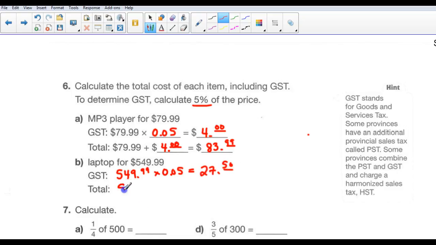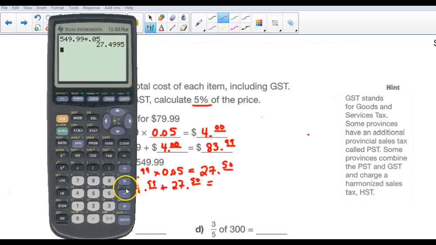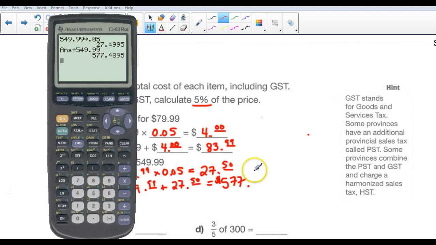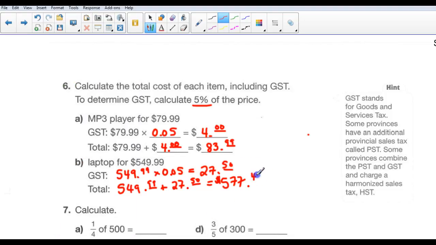So our total is going to be $549.99 plus $27.50 for a grand total of, let's just add $549.99 to that, and we get $577.49. I've put a little dollar sign there, don't forget. So that's what you'd be paying for the laptop.